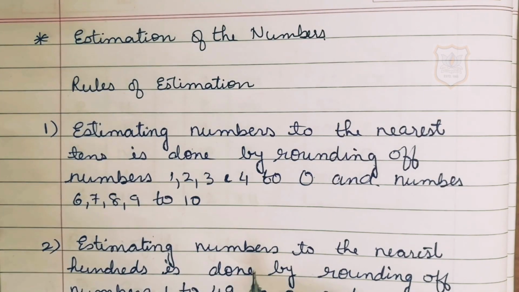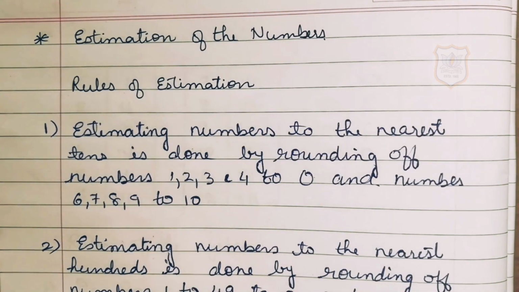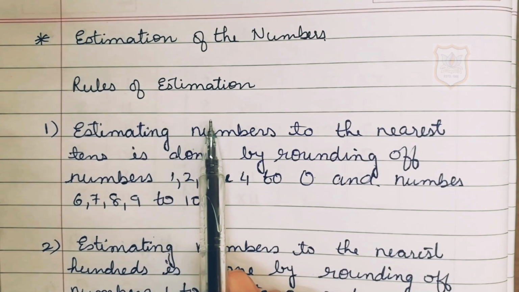Our next topic is estimation of numbers. A reasonable guess of the actual value is called an estimate. A quick rough estimate of the result of number operations can be done by rounding off the numbers involved. Now what are the rules of estimation?